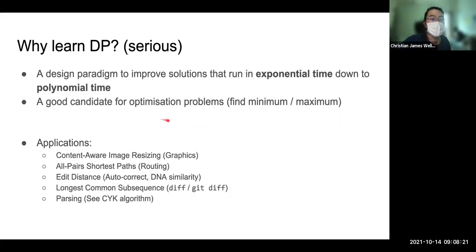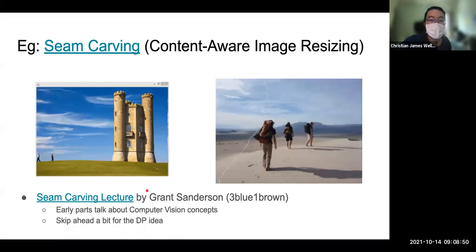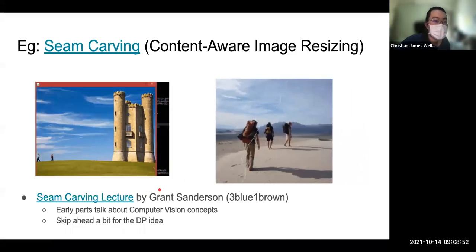And there are a lot of applications, like content-aware image resizing, all-pairs shortest path for routing, even computational biology, like trying to see whether 2 DNAs are similar, or even your autocorrect, which might have relations with edit distance. Or if you use Git, if you do Git diff, apparently there's a relation with longest common subsequence as well. So there are a lot of applications of dynamic programming. All right. And here's one example, this thing called content-aware seam carving.